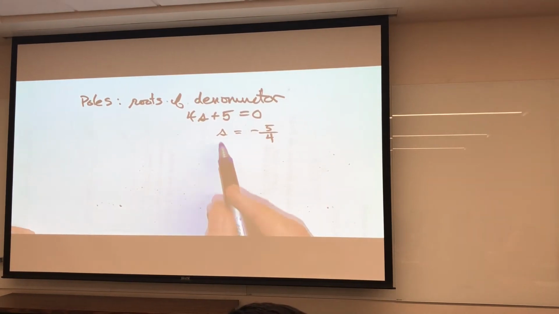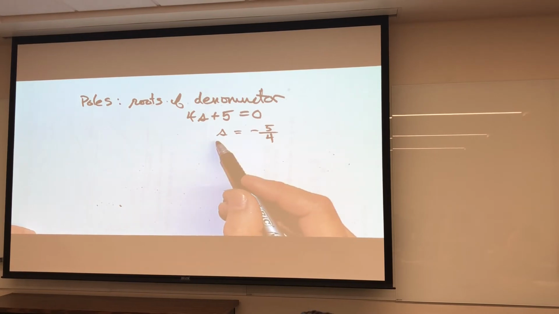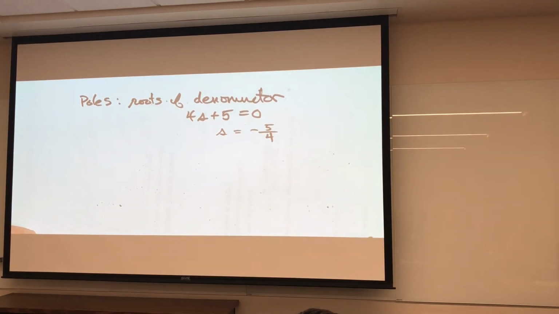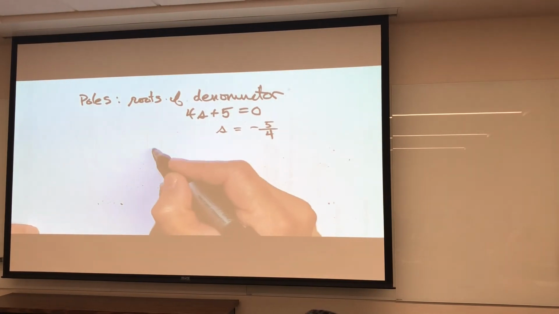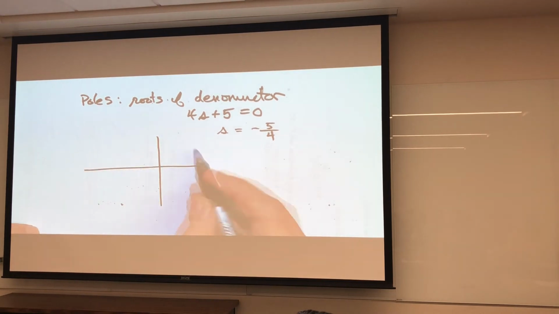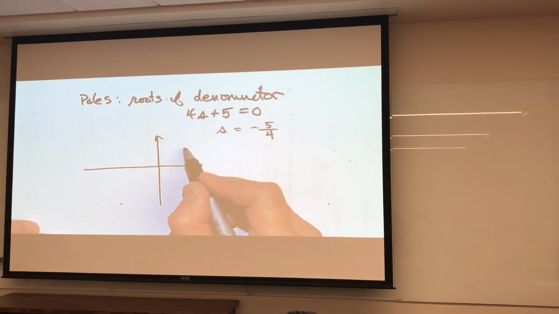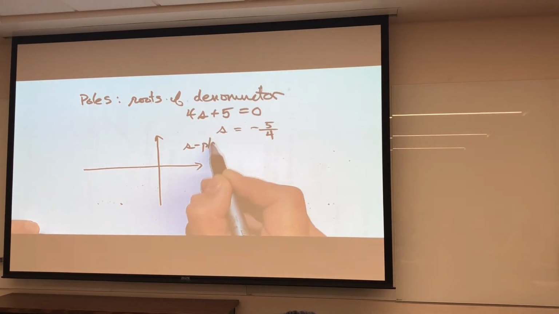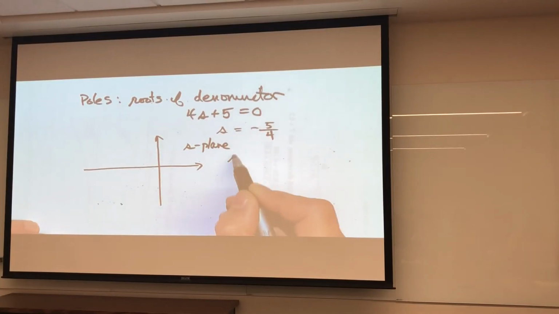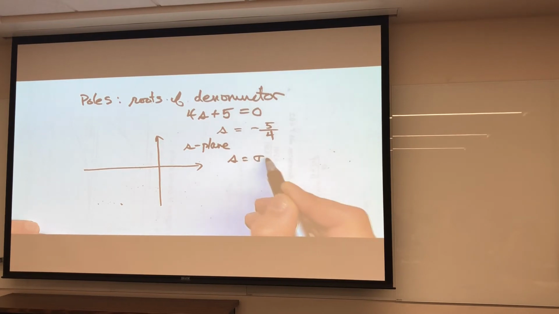Now, s in general is a complex number. In this particular example, it's just a real number, but in the most general problems that we're going to look at, s can be a complex number. So if I sketch it in a plane, which I'm going to call the s plane, s in general is something like sigma plus j omega. It has both real and imaginary parts.